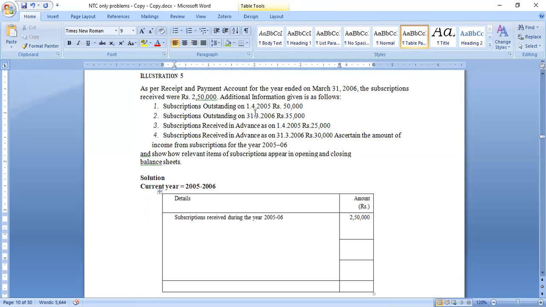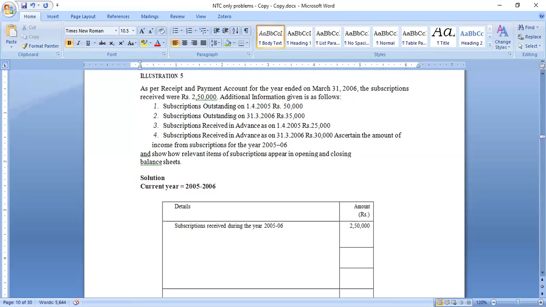Additional information: outstanding at the beginning of the year. In the sense it was not received at that time and is still outstanding.